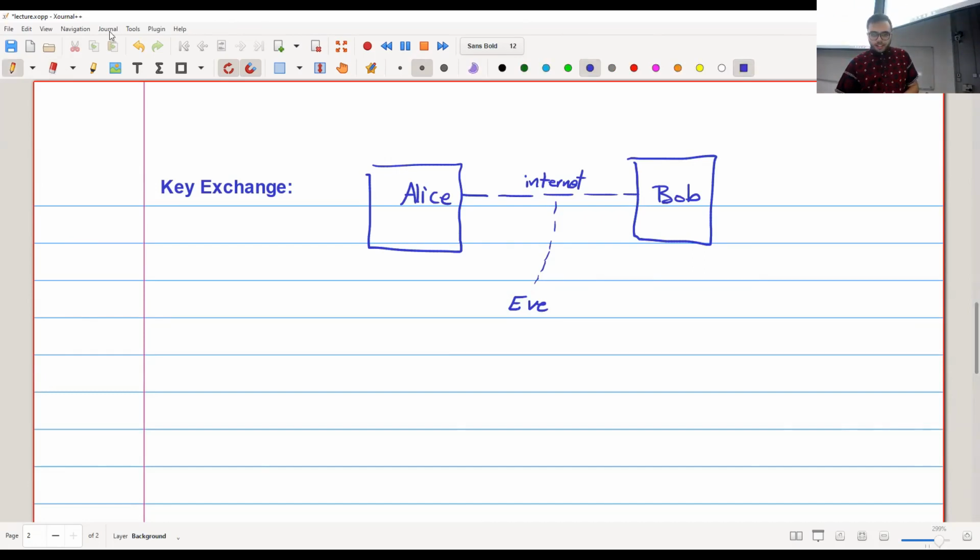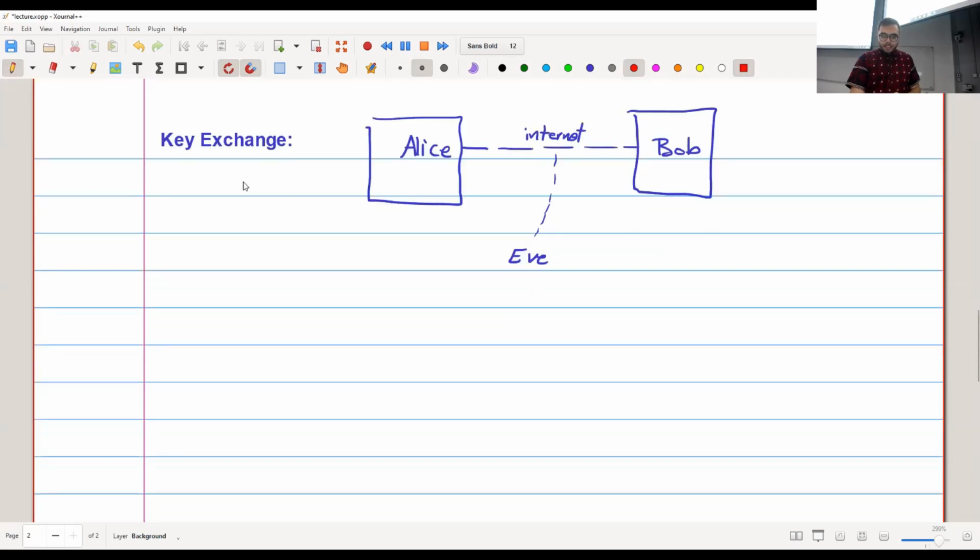So the idea here is actually very elegant. And we're going to use a hard problem. So the idea is that I'm going to let Alice have a secret, and I'm going to let Bob also have a secret. So let's say that Alice has a secret A, and let's say that Bob has a secret B. Now, if they try to send their secret across the channel to the other side, then Eve will also know that secret.